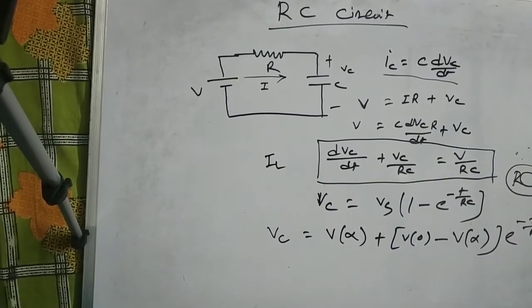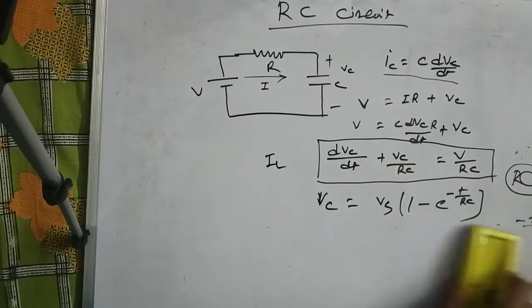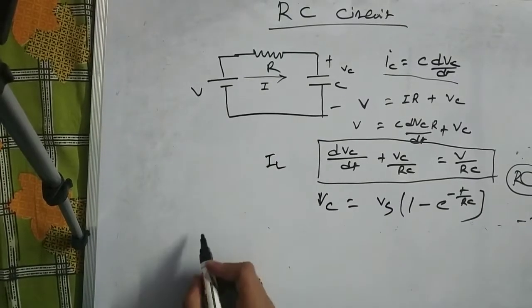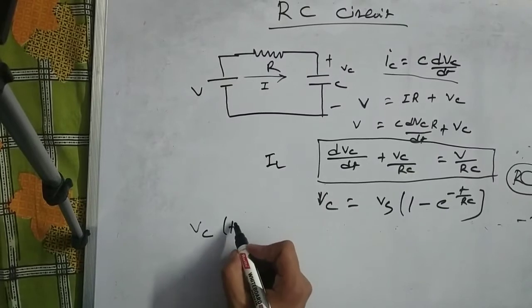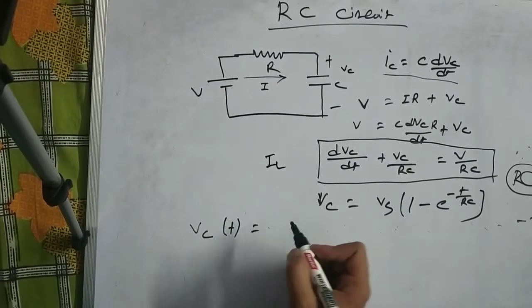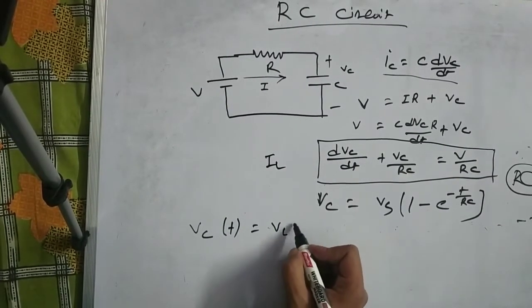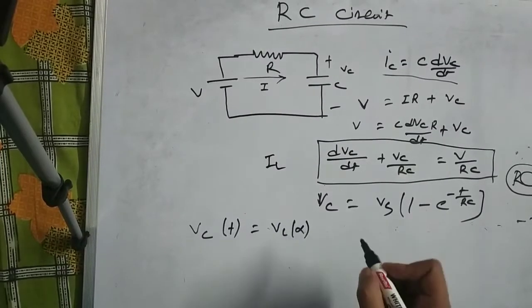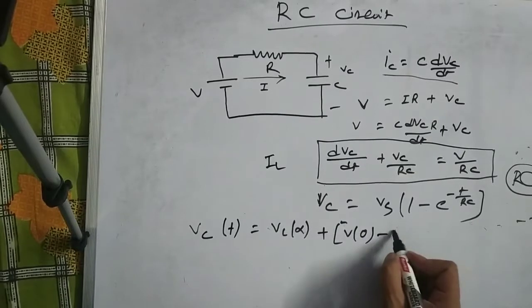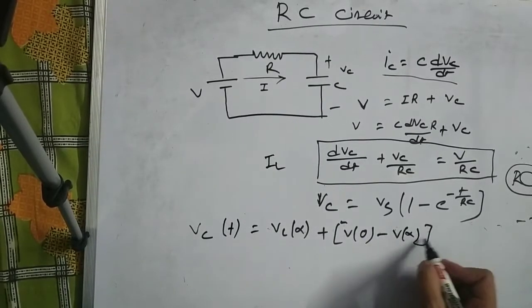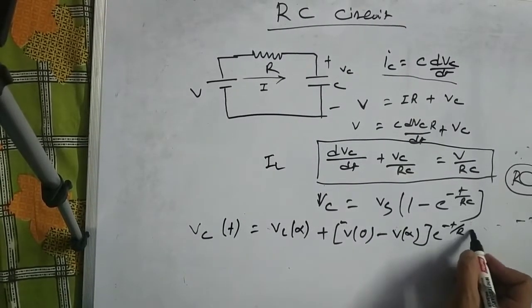Let me write it here: capacitor voltage Vc(t) equal to Vc infinite plus V0 minus V infinite into e to the power minus t by RC.